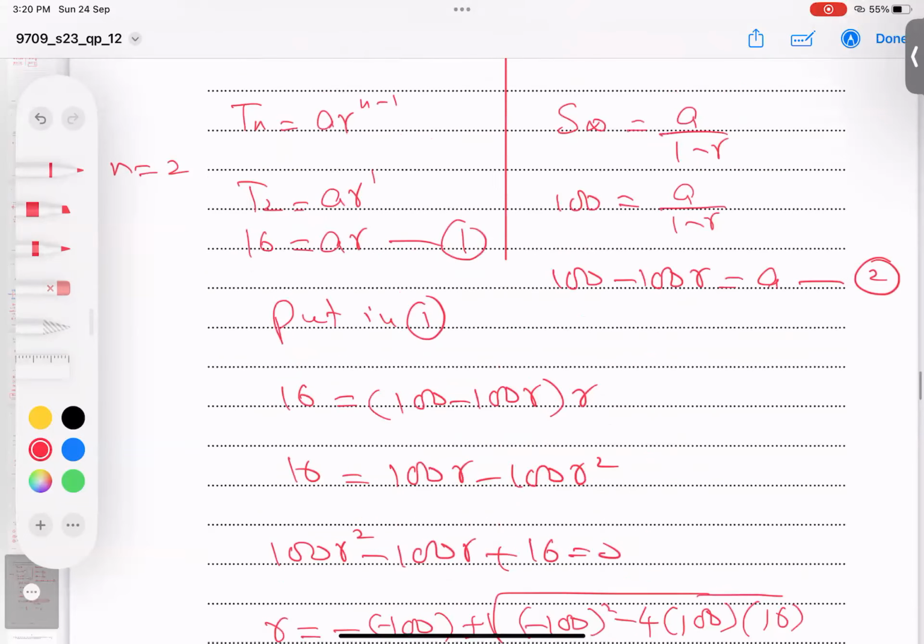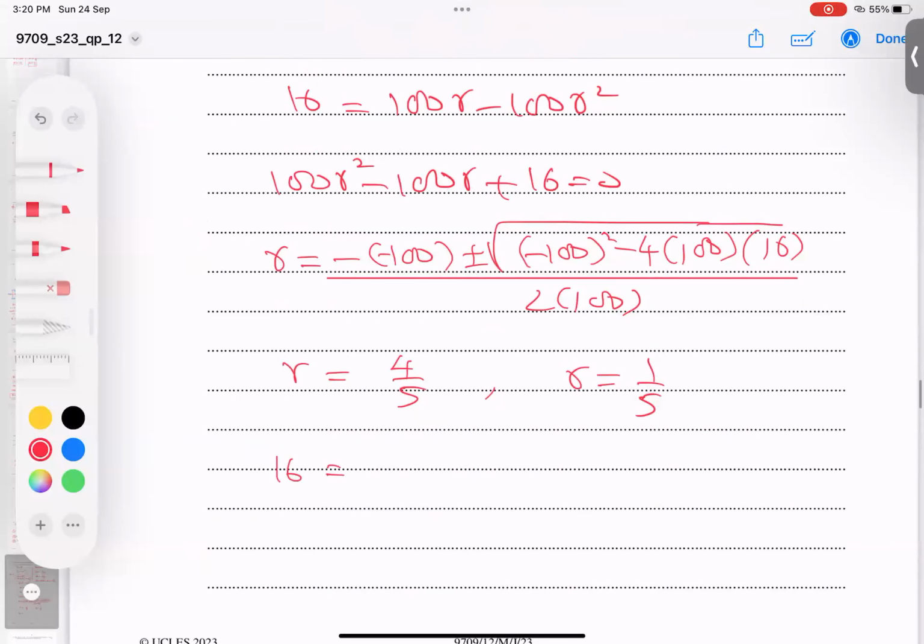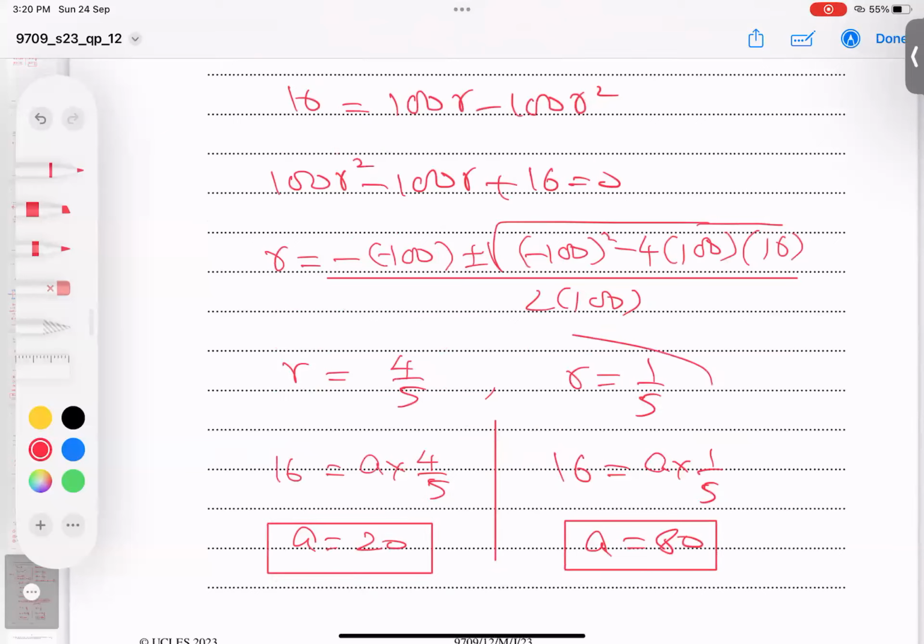And if I plug in both values here, 16 is equal to a times r. So a becomes 80 from here, and for the other, 4 fives are 20, so 20 comes from here. So we got two answers of a. Make sure we have two answers of r as well. We'll use them later on maybe.